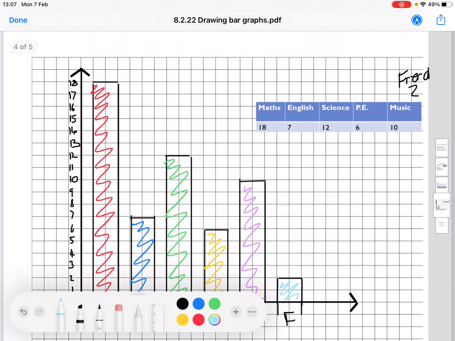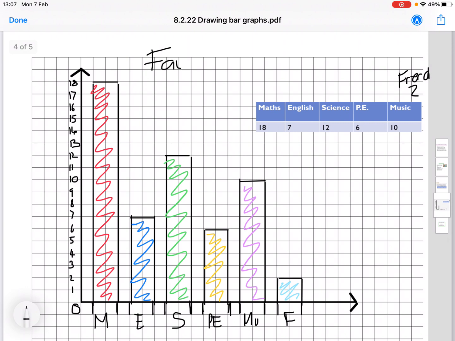Okay, now we have to remember our other key features of our graph. So we need to have a title. So this was favourite subjects. Okay, so title. We have our bars drawn nice and neatly with a ruler. We have a space between every bar.